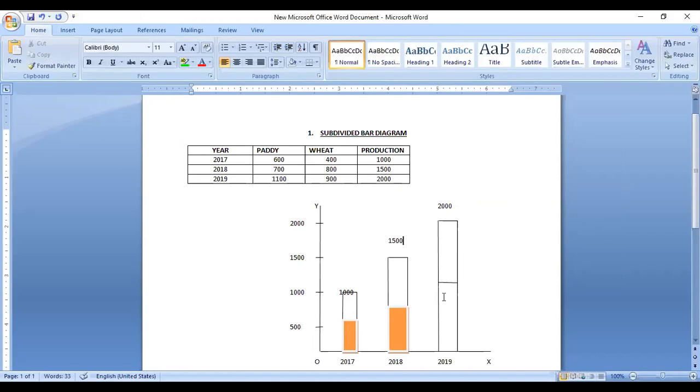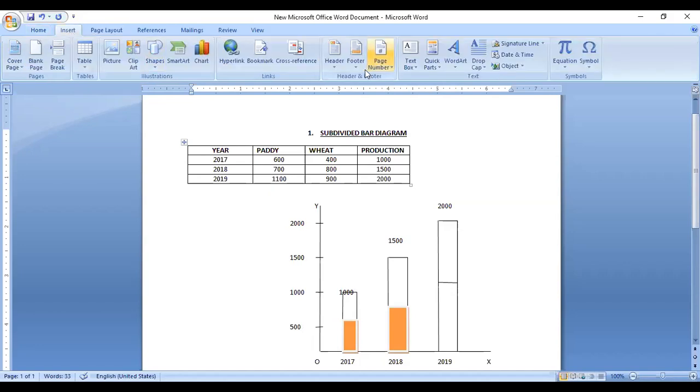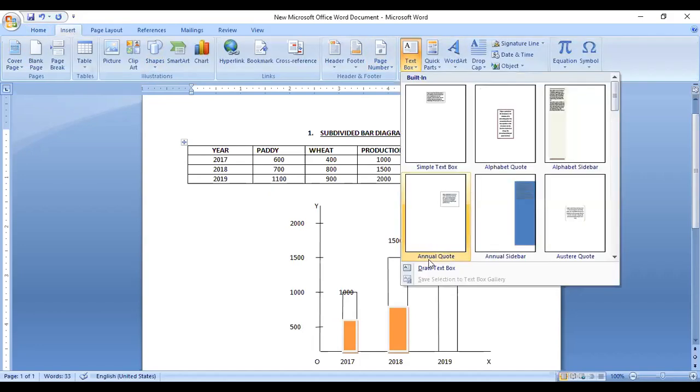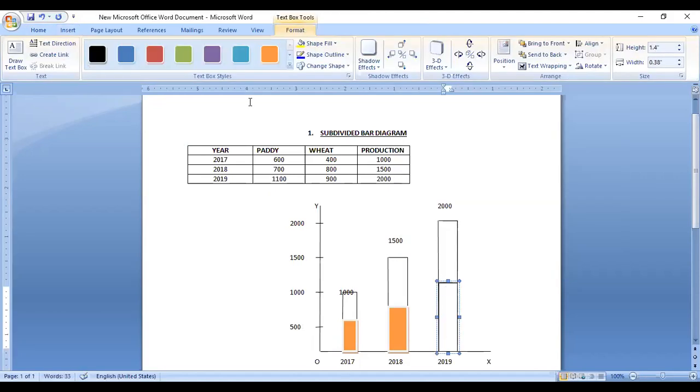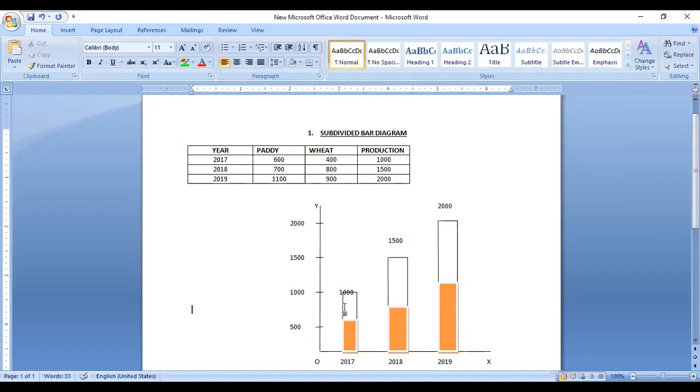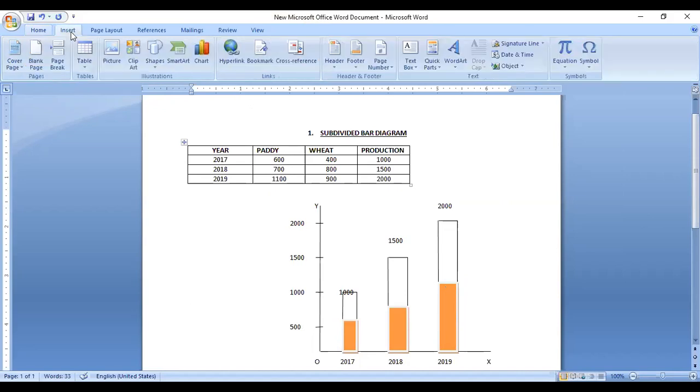And here also in the year 2019 I will distinguish it with this color, and again I can use another color for wheat.